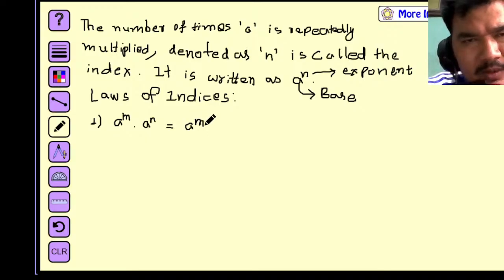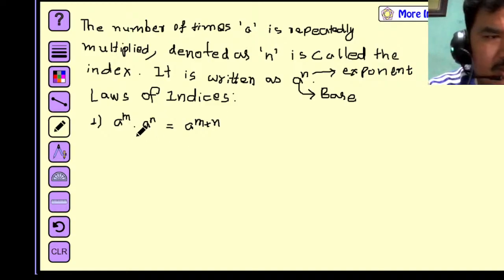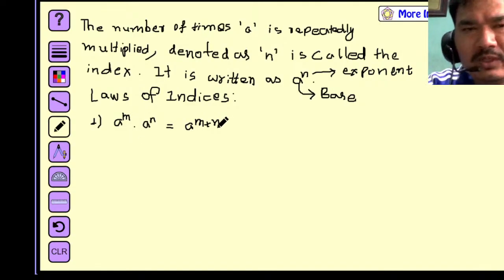The index will be added, m plus n. This is the first law. If they have the same base and we are going to multiply, write only one base and we have to add the power.